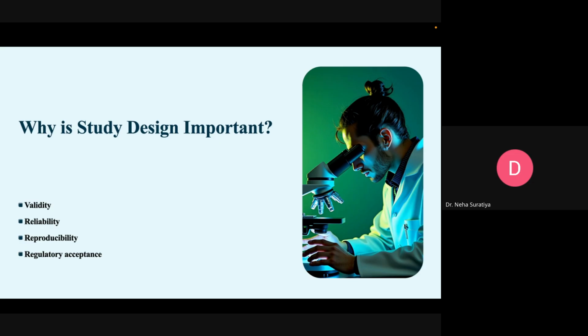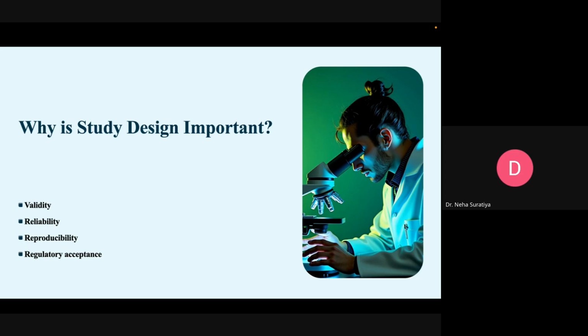First of all, validity. What do we mean by validity? Are we measuring what we intend to measure? Let's understand by an example. If we are performing a hypertension study that aims to evaluate blood pressure reduction, the design should accurately measure the blood pressure changes.